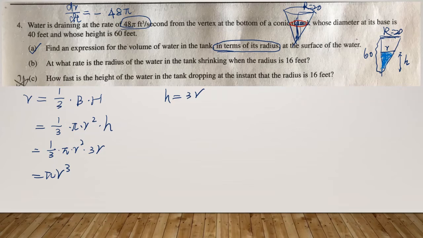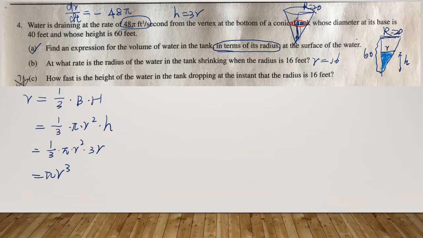Next one. Question B. At what rate is the radius of the water in the tank shrinking when the radius is 16 feet? From question B, we have another piece of information: r at that point is equal to 16 feet. And at what rate? So this is obviously a related rates problem.